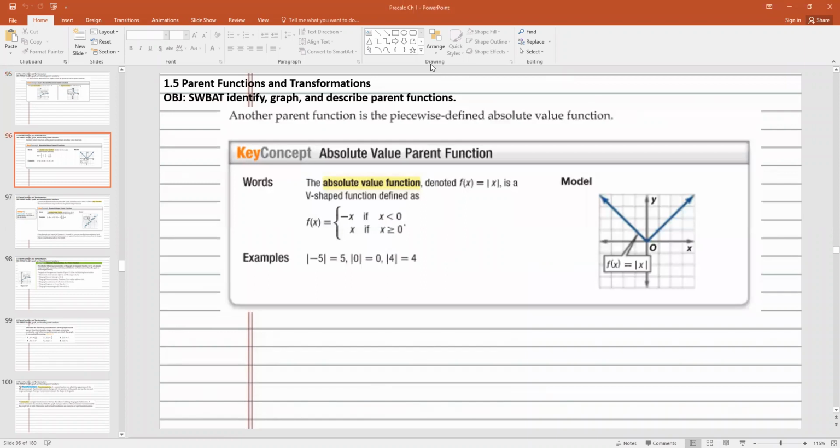And then we have absolute value functions. Absolute value functions, we have that V, the value, right? And the reason why is because whenever we have a negative, it turns positive. So you're always going to have a positive y there.